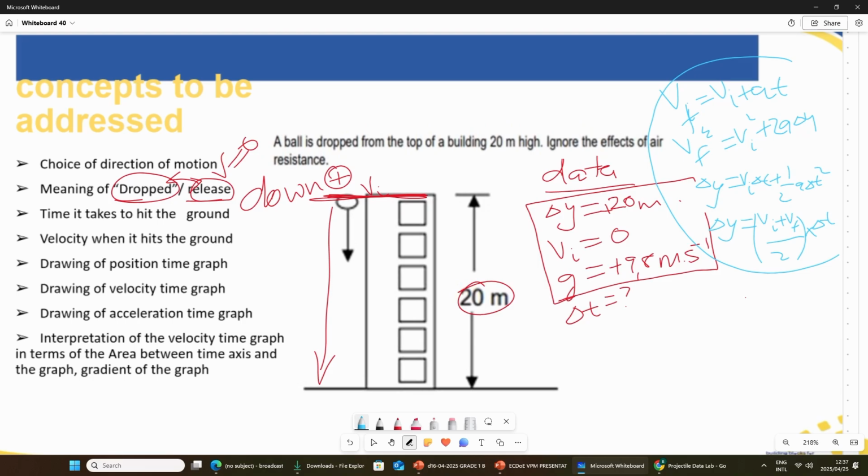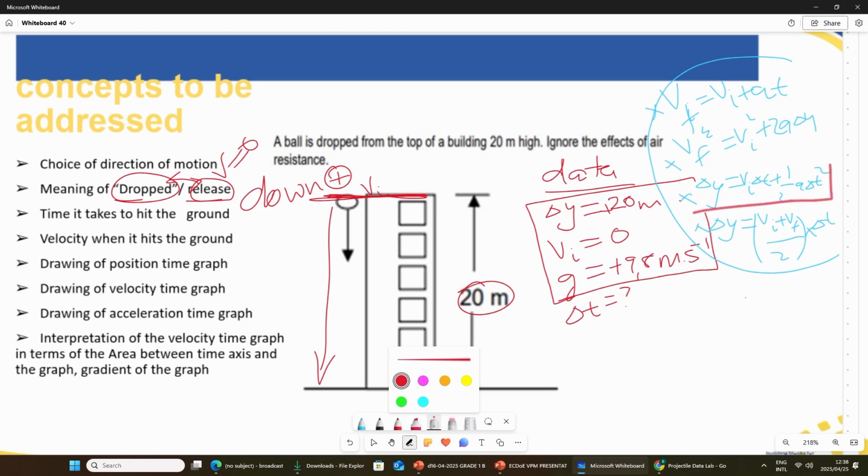Each and every equation of motion contains 4 variables, hence I was saying that you need to know 3 things here. In our problem, we know our delta y, we know our initial velocity, and we also know our gravitational acceleration. Looking at these equations of motion, there's only one equation that contains our v initial and the time, and that is the third equation.